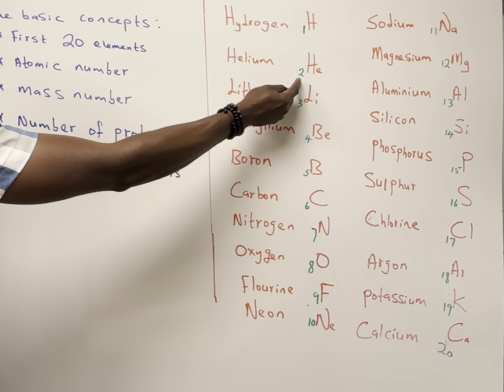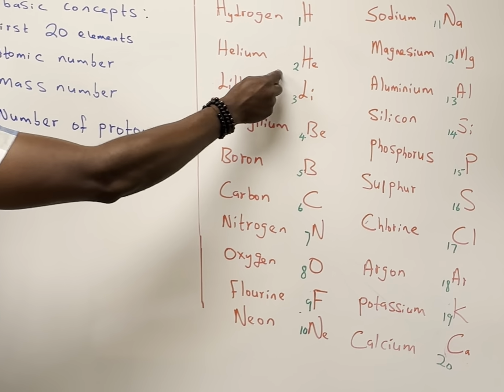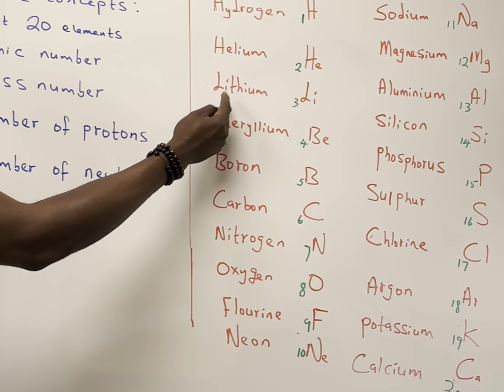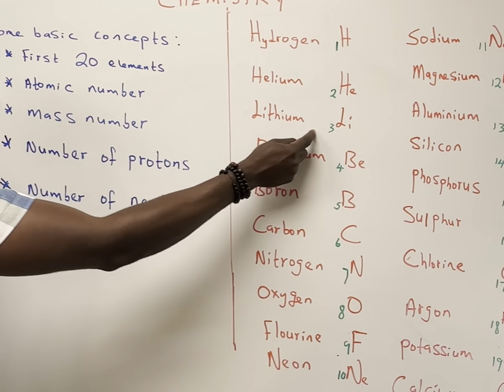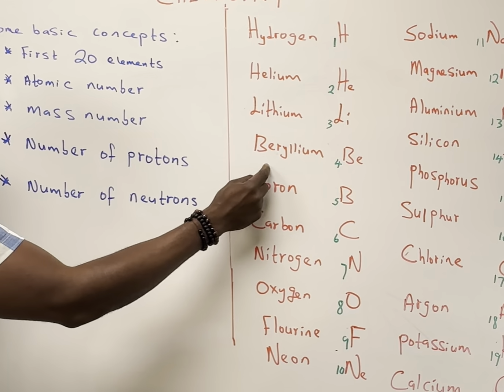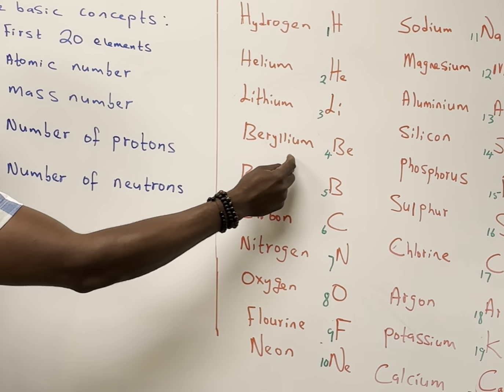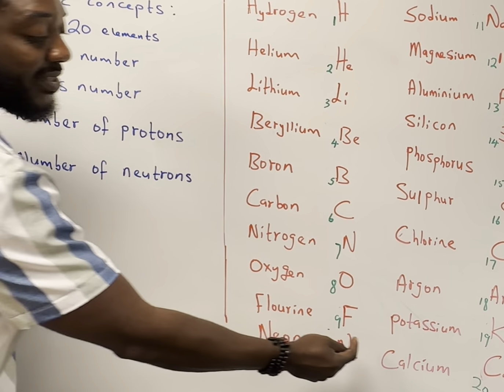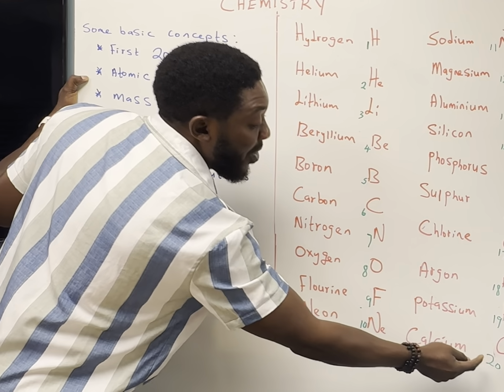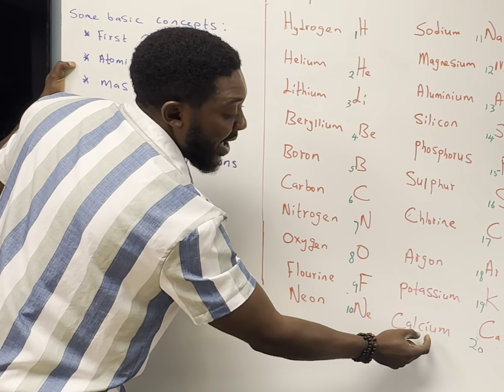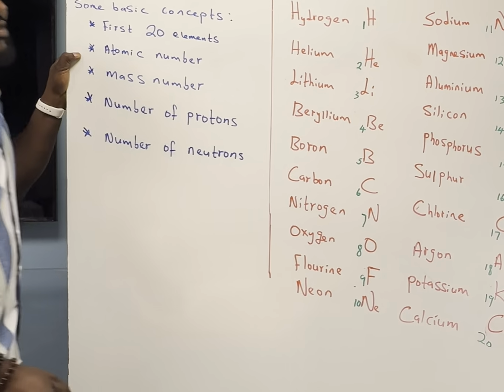Helium, the atomic number is 2 because it's the second element. Lithium is the third element, which signifies that the atomic number is 3. Beryllium is the fourth element, the atomic number is 4, till you run down to the 20th element, which means the atomic number of calcium is 20.